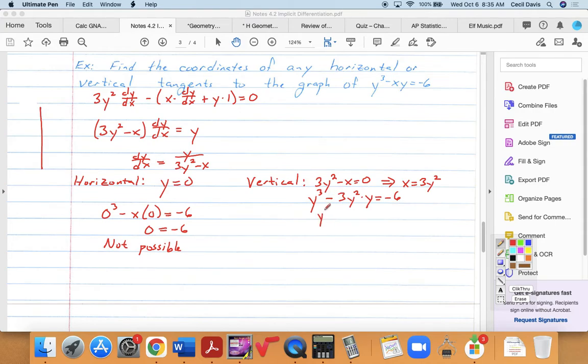So that's y cubed minus 3y cubed equals negative 6. Well, now we're getting somewhere. Negative 2y cubed is equal to negative 6. So y cubed is equal to 3. So y is the cube root of 3.